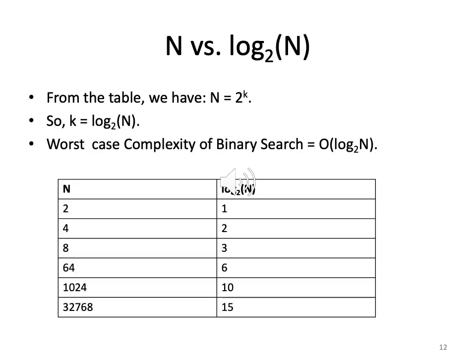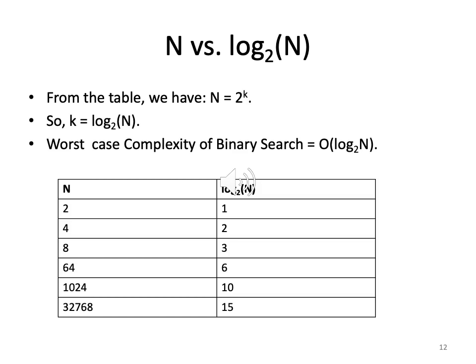Alright, so now I am on slide 12. In the previous slide we saw that k is the number of comparisons for n. So we can easily make the relation that 2 raised to k is equal to n, because 2 raised to 1 is 2, 2 raised to 2 is 4, 2 raised to 3 is 8.